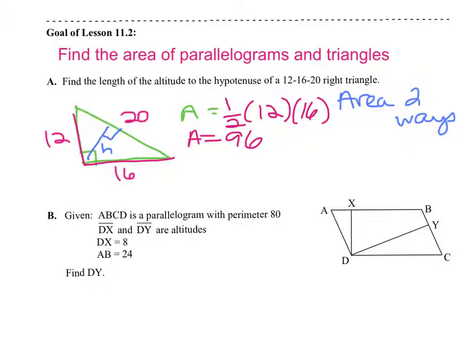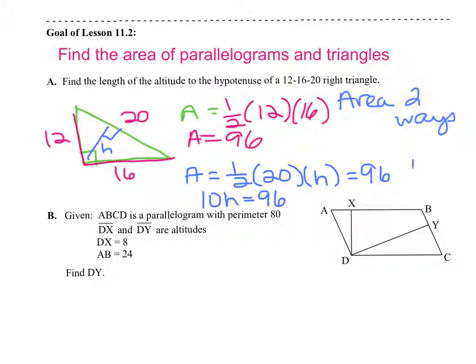Now that we know the area of the entire triangle, we can consider the base to be 20 and the height to be unknown. If we know the area already to be 96, we could set up 1/2 base times height, 1/2 times 20 times h equal to 96. This would give us 10h equals 96, and the height, or the altitude to the base, to be 9.6 units.